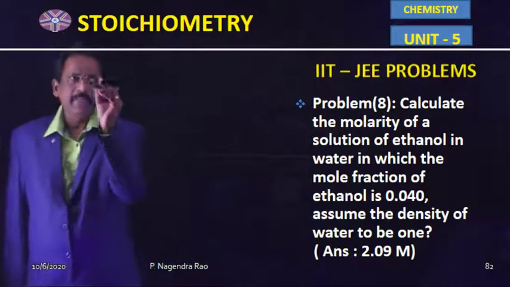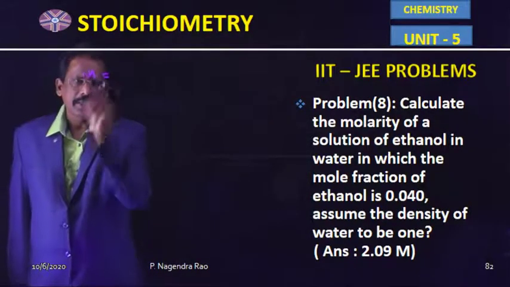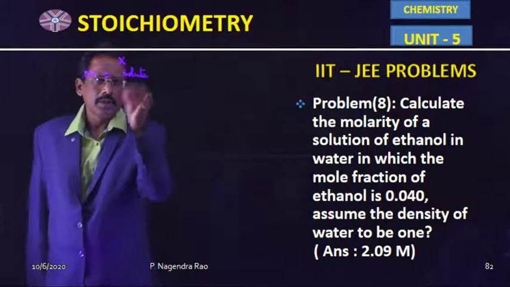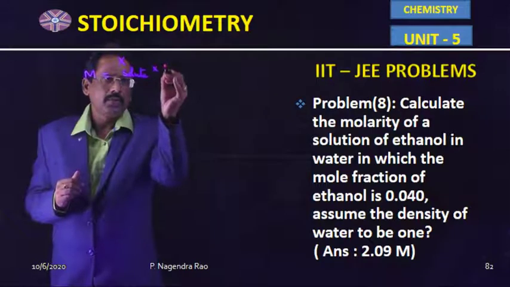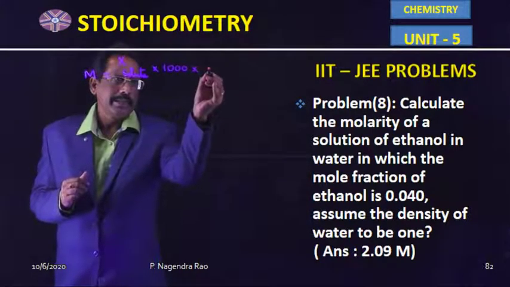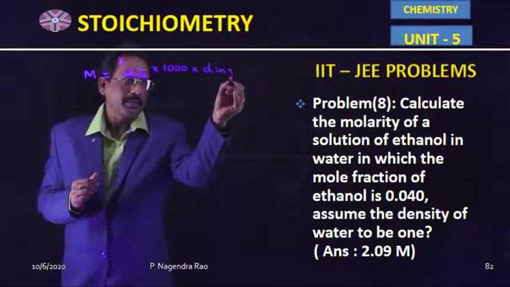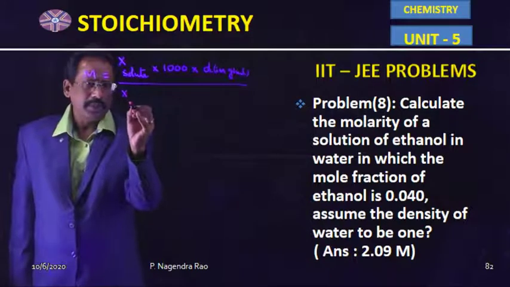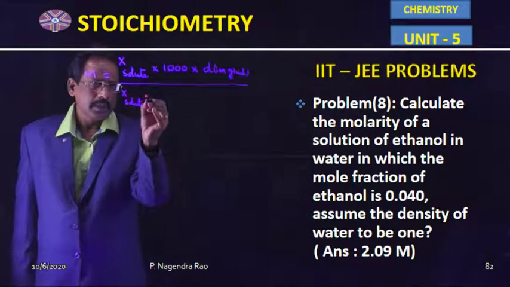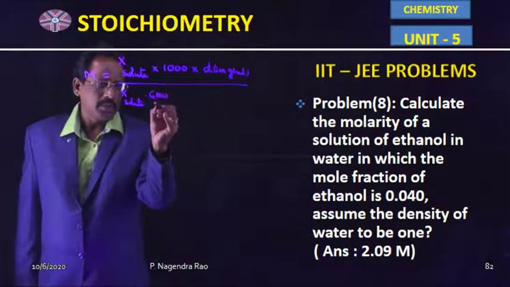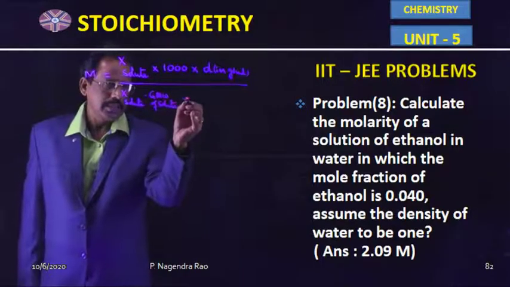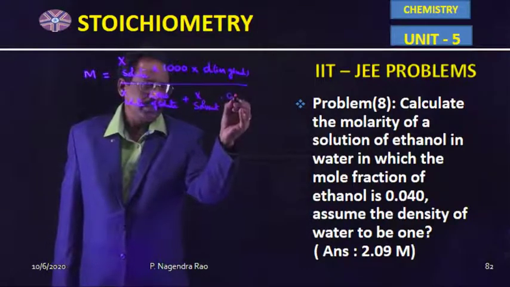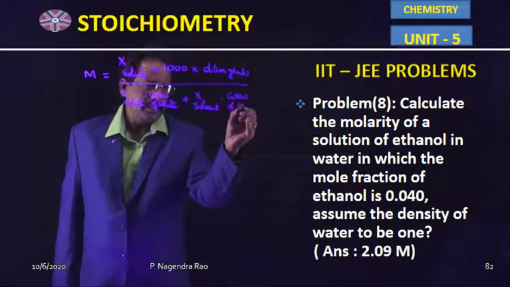So in this problem, the formula is the molarity of the solution M is equal to mole fraction of the solute into 1000 into density of the solution in grams per milliliter divided by mole fraction of the solute into gram molecular weight of the solute plus mole fraction of the solvent into gram molecular weight of the solvent.